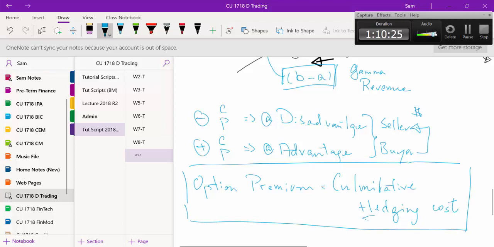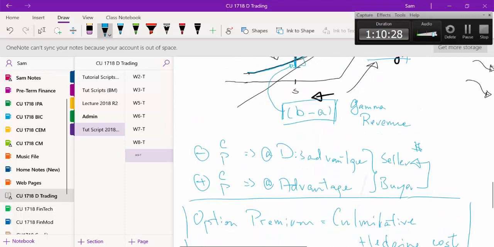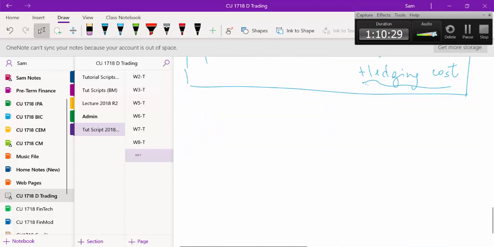What do I mean by cumulative hedging cost? Look, if this is the option payoff, and then I know that if I sold an option, I'm always going to be losing this gap or here. So either way you look at it, I'm losing if I sell the option.